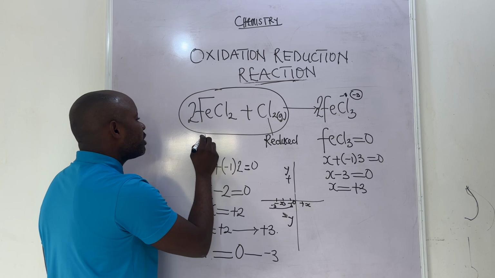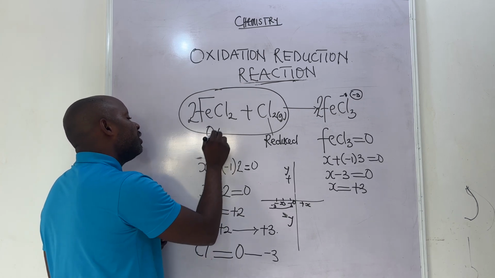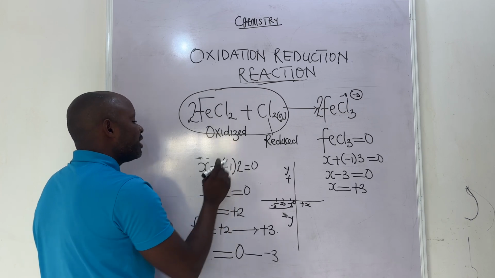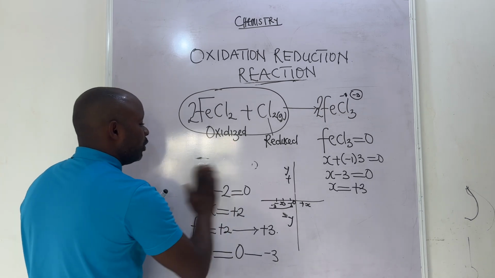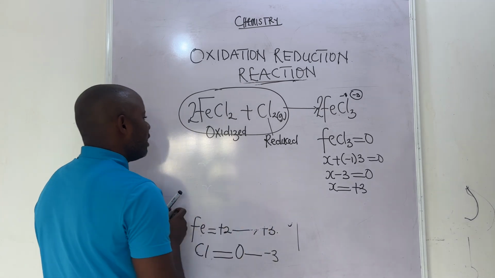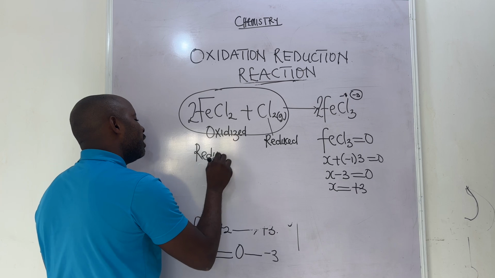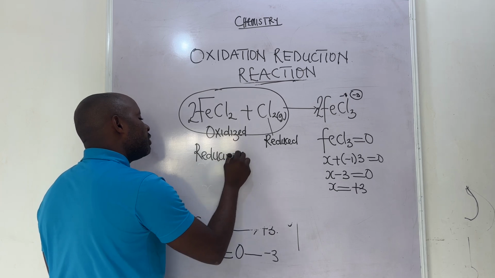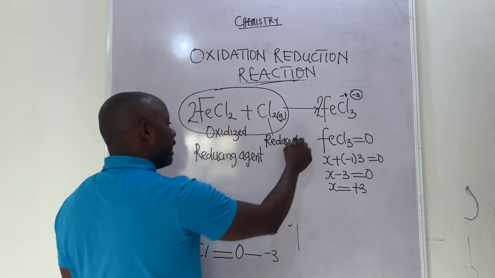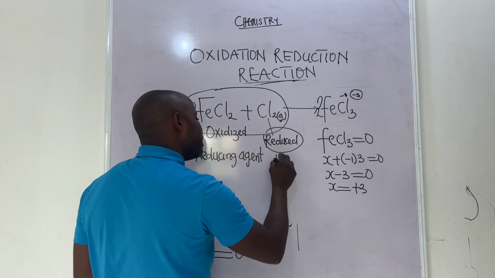So this is oxidized, moving from +2, because oxidation state increases, it's known as oxidized. So an oxidized part of this reaction is known as a reducing agent. While this part here is known as what?